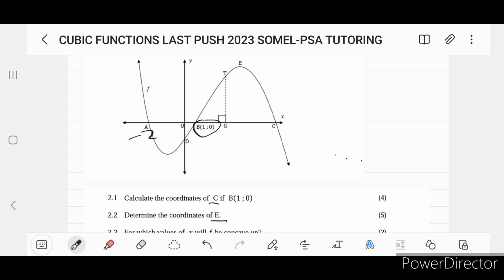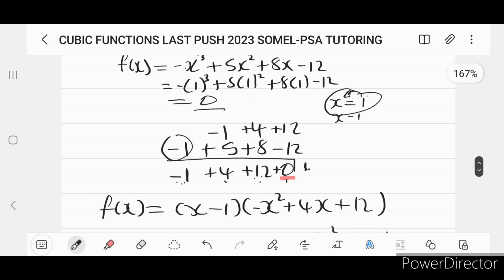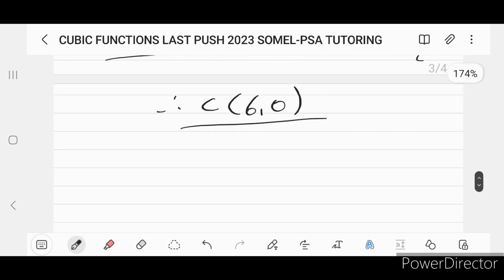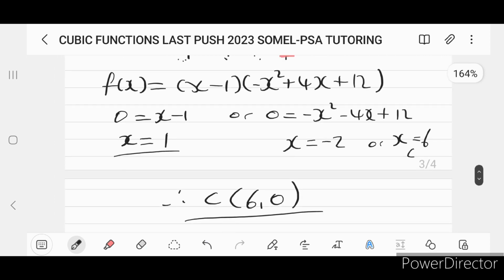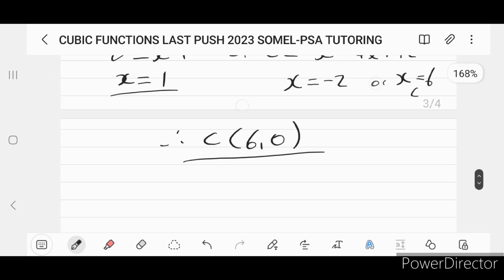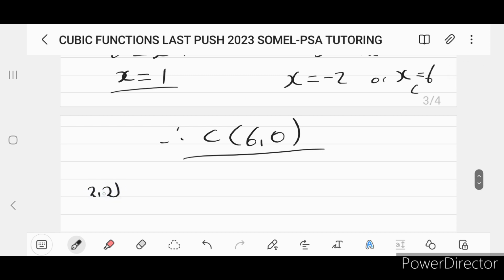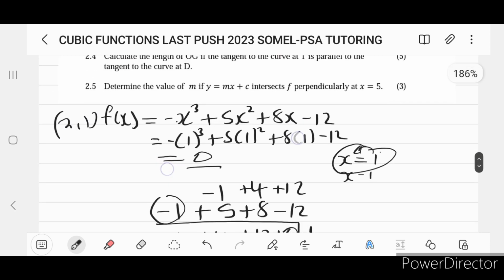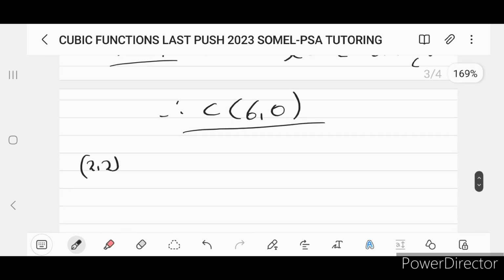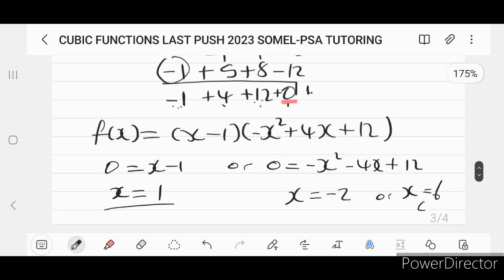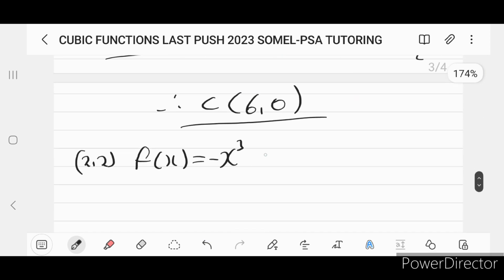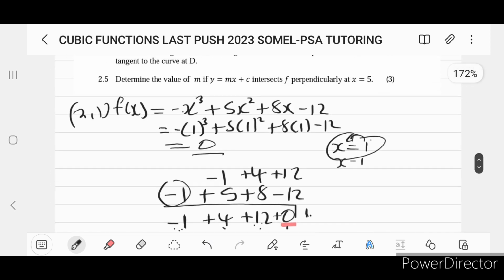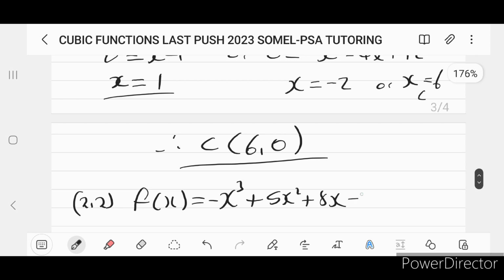E is the turning point. So to find the coordinate of e is not a problem. What we just need to do is find the function. So this is 2.2. This was 2.1, right? 2.2. I'm just going to say f of x equals minus x cubed plus 5x squared plus 8x minus 12.